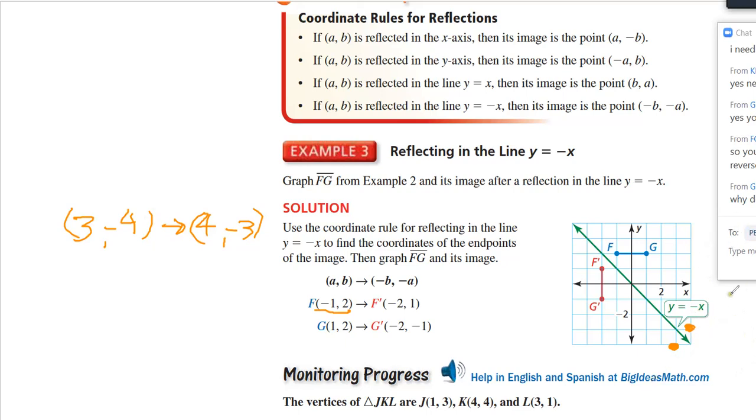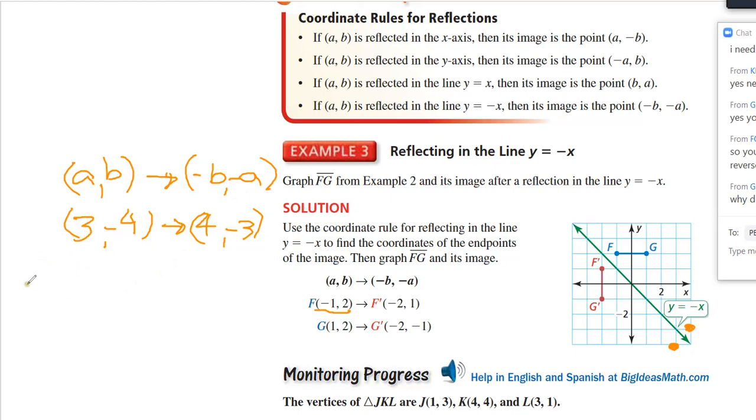That's a great question. Gianna's asking, why do the positive and negative numbers go negative? Well, the rule is saying change the sign. So let me write the rule. The rule is (a, b) maps to (-b, -a).